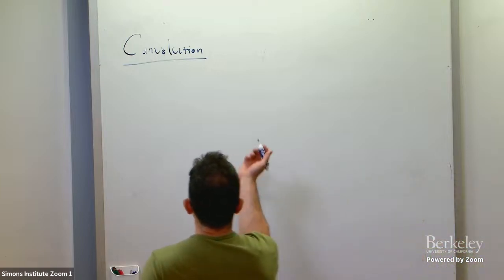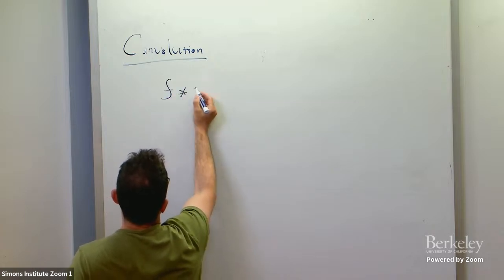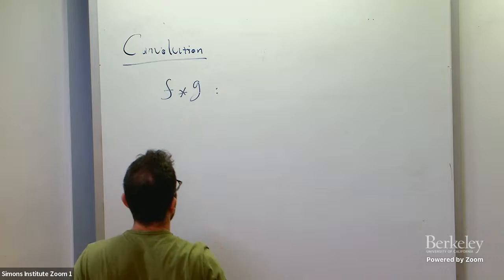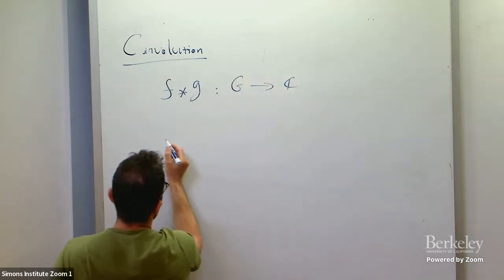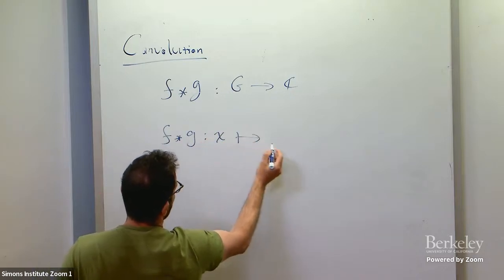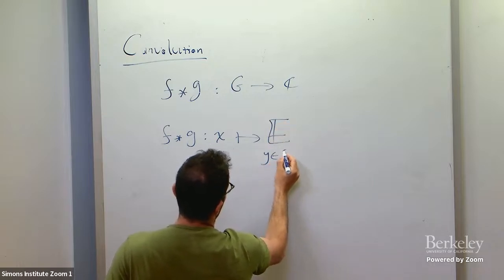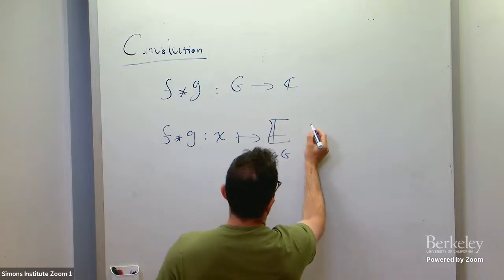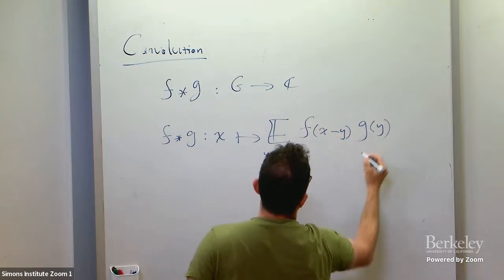It's a binary operator. If I have two functions on my group, I'll define their convolution, which is another function from G to C, defined as follows. It maps x to the expected value over y in G of f(x minus y) g(y).